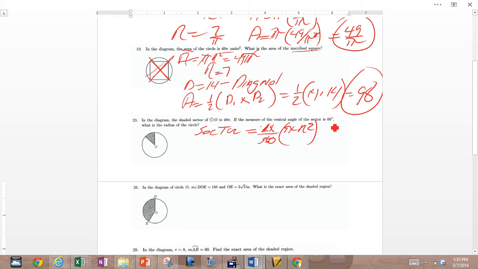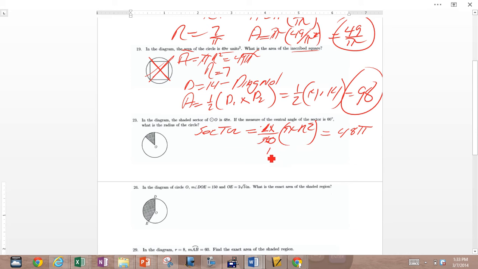So we know that the angle is 60, and we don't know what r is, that's what we're after, but we know that this is equal to 48 pi. So let's fill in what we know. We have x is equal to 60.